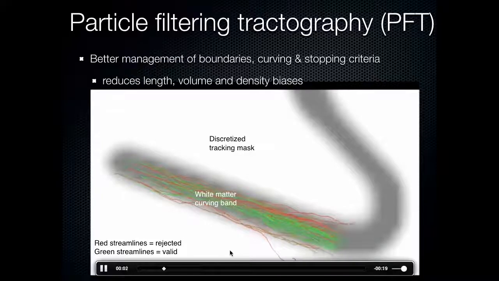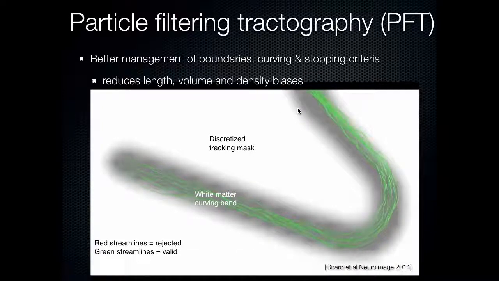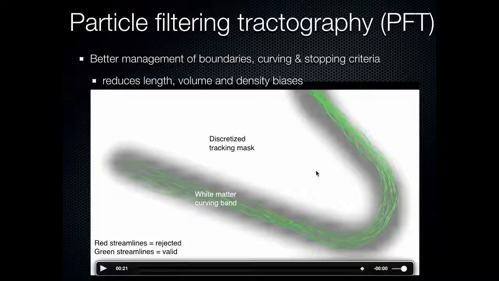One way to do this is to use a particle filter. Here you see in green the streamlines surviving as you walk through thin structures. Using a particle filter, which is used by robots to navigate in space, you can better represent the white matter, penetrate into the gyri, navigate through tight white matter structures, and reduce some of the tractography biases.